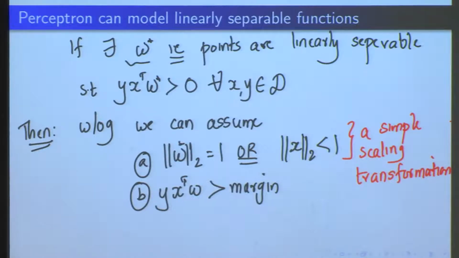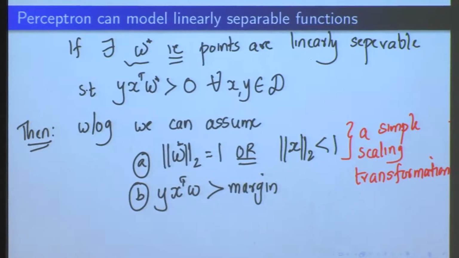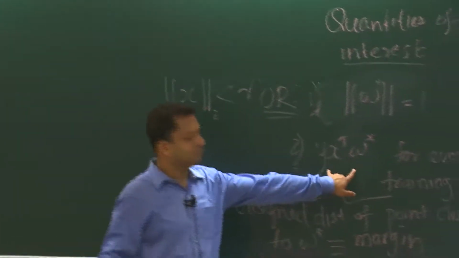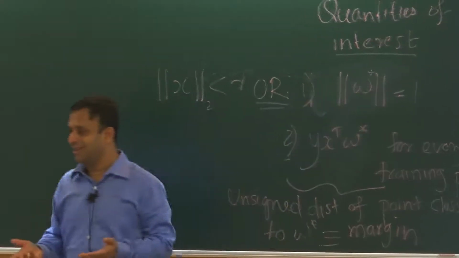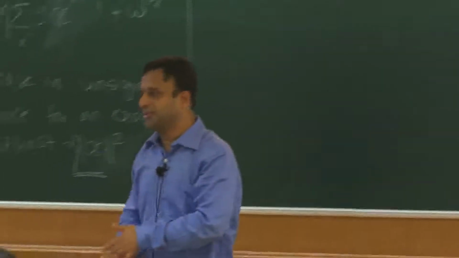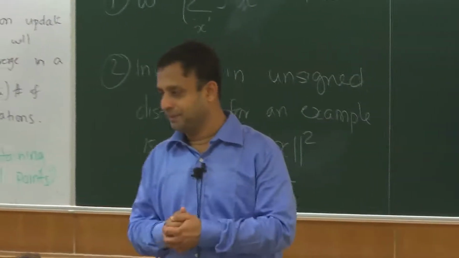Yeah, so your question is just let's scale all the x's. So if you want to maintain the same margin, if you want this quantity to be the same, then if you scale x down, you have to scale w star up.